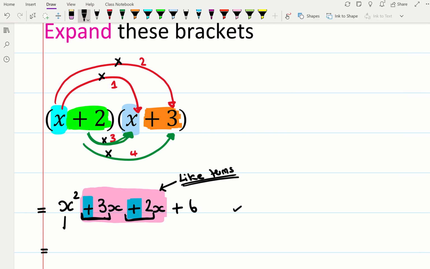So my final answer is x squared plus 5x, and you must put this x. If you don't, you lose your final mark. And then plus 6. So your final answer is going to have 3 parts. X squared is in the front, in the middle is the term that has the x, and then the number on its own at the end.